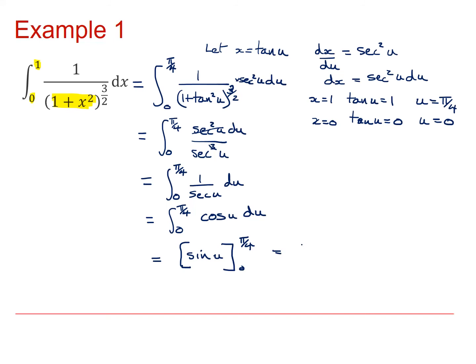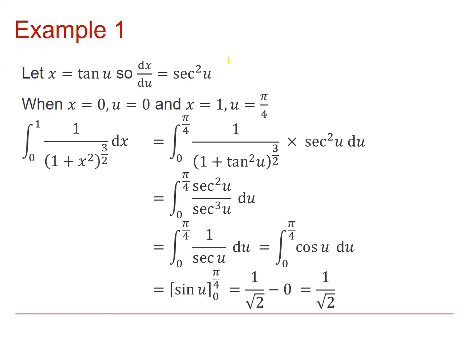So this gives me 1 over root 2 minus 0, which is just 1 over root 2. There's that algebra tidied up and worked through for you. There's the substitution. There's the transformation of the limits, working on down to our result of 1 over root 2.